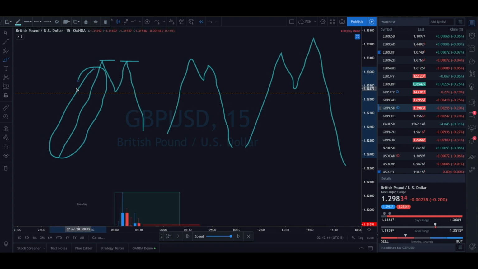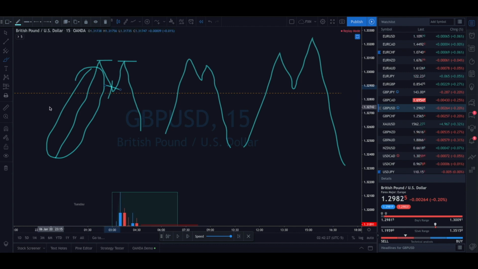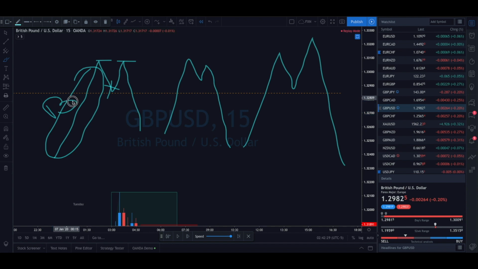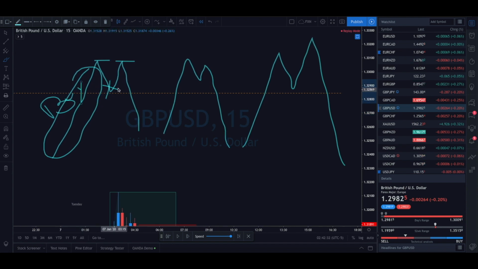And then they have retail traders that are told, hey, buy in the retracement of a trend. So this is the retracement, so they buy here. Now they have 2 sets of buyers, a set of buyers here and a set of buyers here.